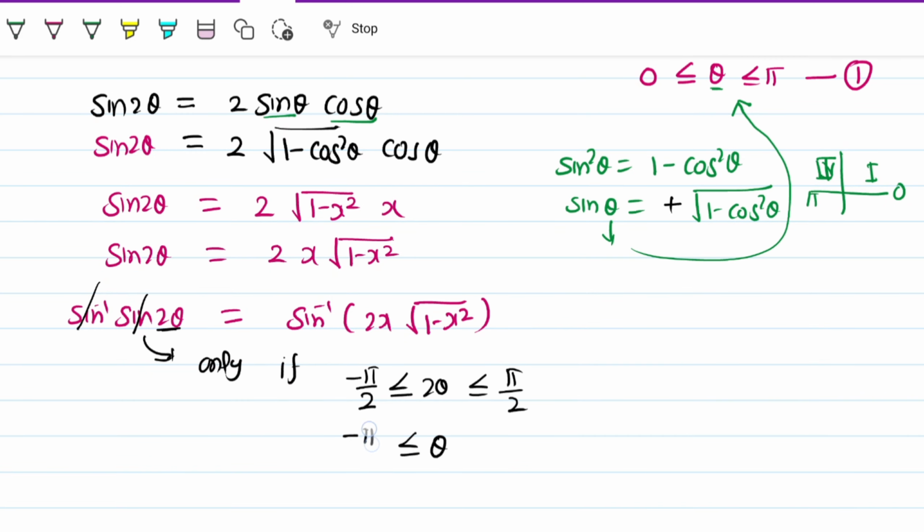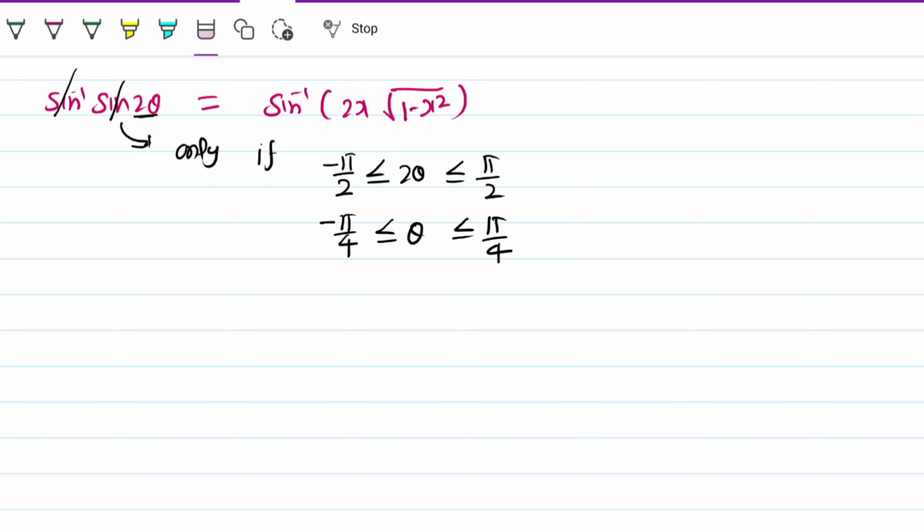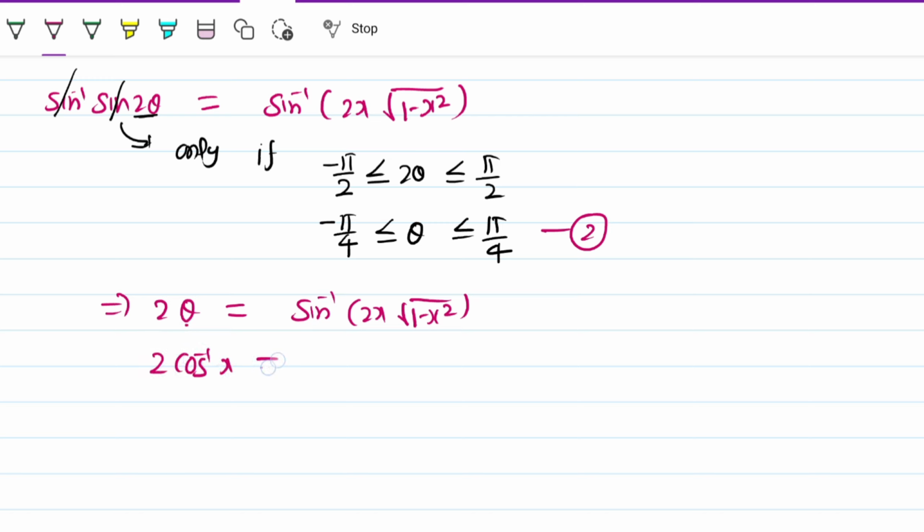Theta is greater or equal to minus pi by 4 and lesser or equal to pi by 4. This is the second condition over here. It implies 2 theta equals sine inverse 2x root 1 minus x square, and theta is cos inverse x. It means 2 cos inverse x equals sine inverse 2x root 1 minus x square.